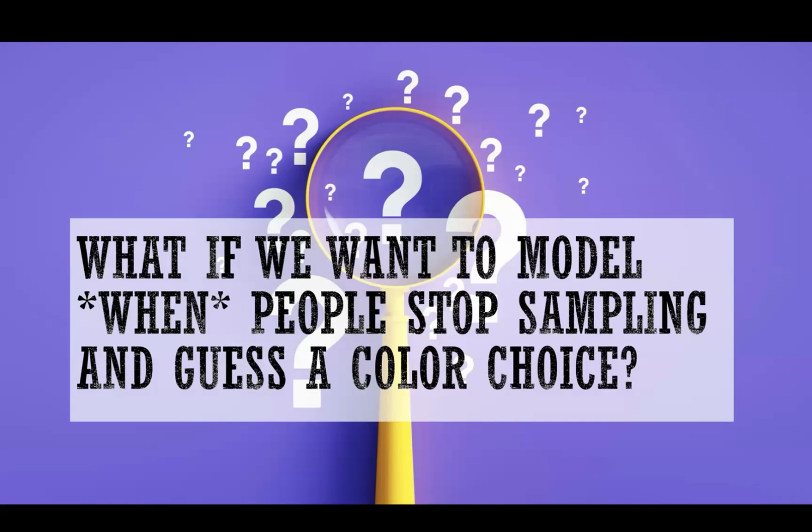There is a task called jumping to conclusions, which is often used in schizophrenia studies, where you have an urn in front of you, you sample once, and then you can decide whether to spend some of your prize money to sample again, or whether you want to guess now. And so we can very easily tweak this model to predict both when the participant is going to keep on sampling and which guess they are going to make when they do.